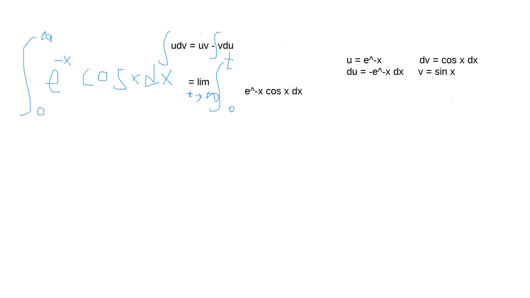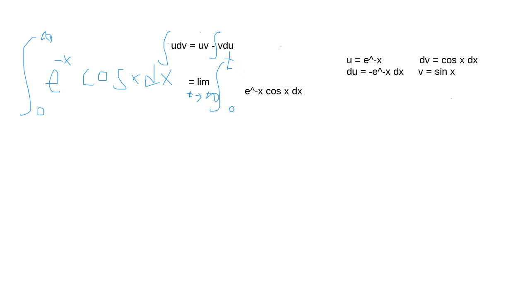So I let u be e to the negative x, and then du is negative e to the negative x dx, then dv to be cosine x dx, so then v is sine x. If I make mistakes, let me know.